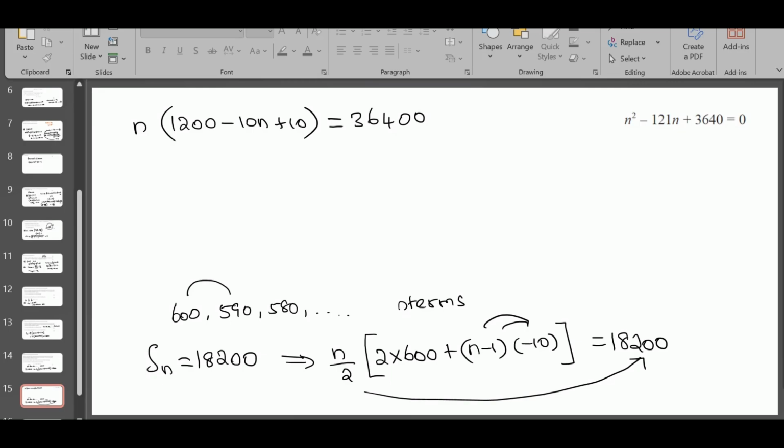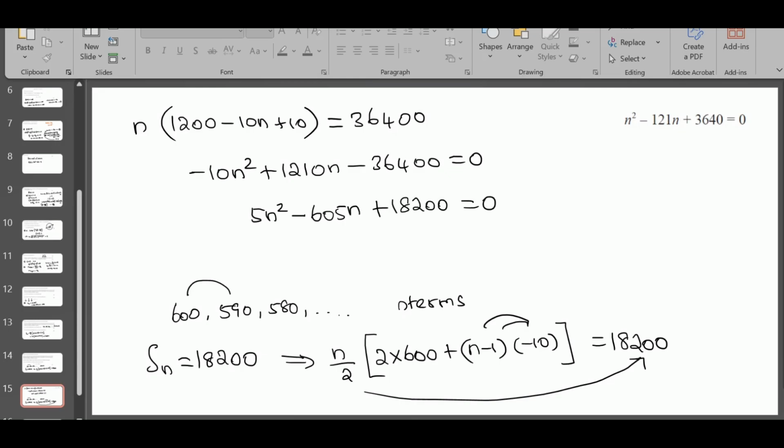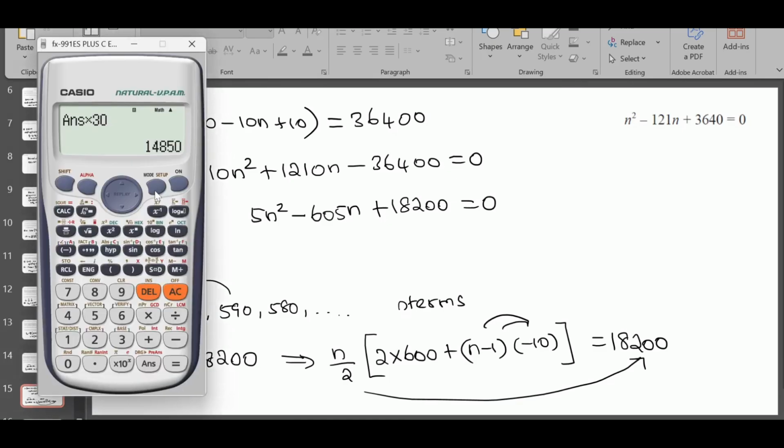So open the bracket, minus 10n square plus 1210n. Put this term also, this side is 0. Divide through it by minus 2. So we will get 5n square minus 605n plus 18200 is 0. Solve this quadratic now.